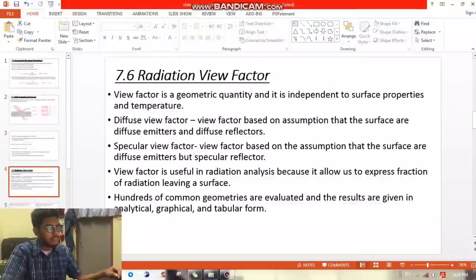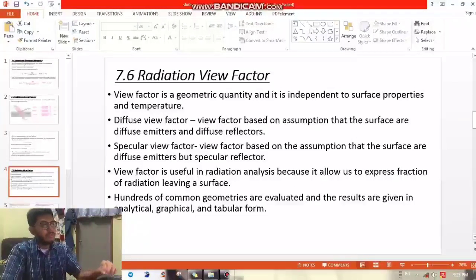and diffuse reflectors. Okay, specular view factor is view factor based on the assumption that the surfaces are diffuse emitters and specular reflectors. Okay, the use of view factor is that it can be used to analyze radiation because it allows us to express the fraction of radiation leaving a surface.